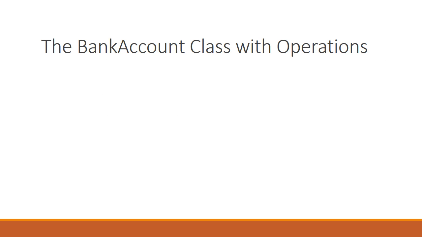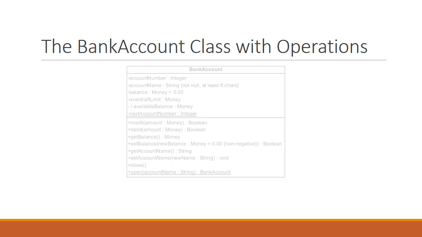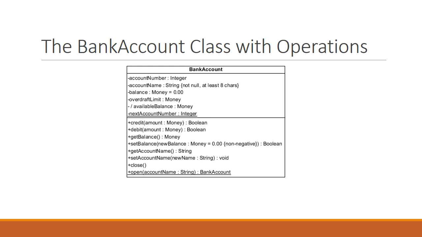So, taking into account everything that we've learned about operations, here is a new bank account class. On top are the attributes that we have defined in the previous lesson, and at the bottom we might have a number of operations. We have a credit operation that takes as a parameter an amount of type money, returns a Boolean. A debit operation that also takes an amount of money, returns a Boolean.